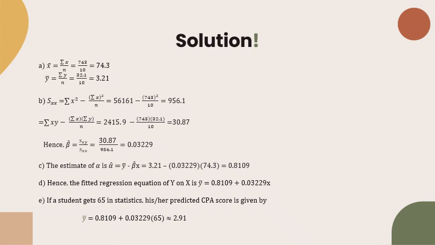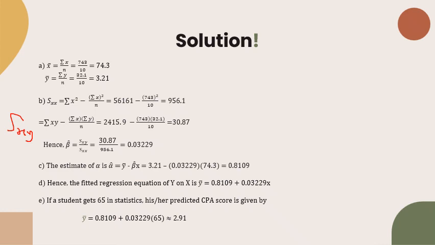And for Sxy, I'm sorry, this was a typing error. So Sxy is equal to summation of xy minus summation of x times summation of y divided by n, which is 2415.9 minus 743 times 32.1 over 10.